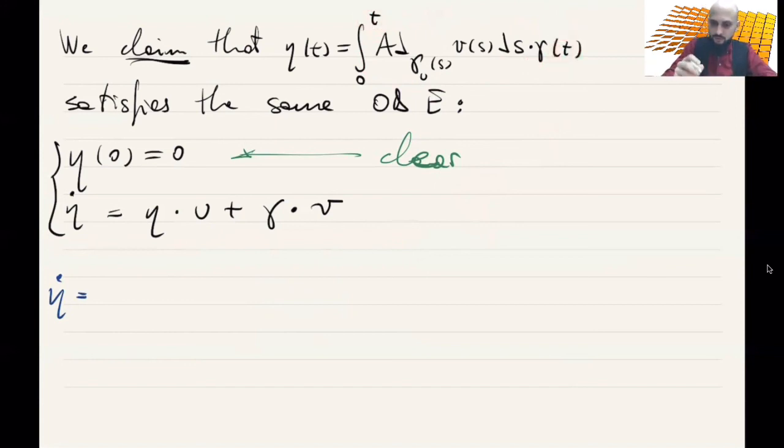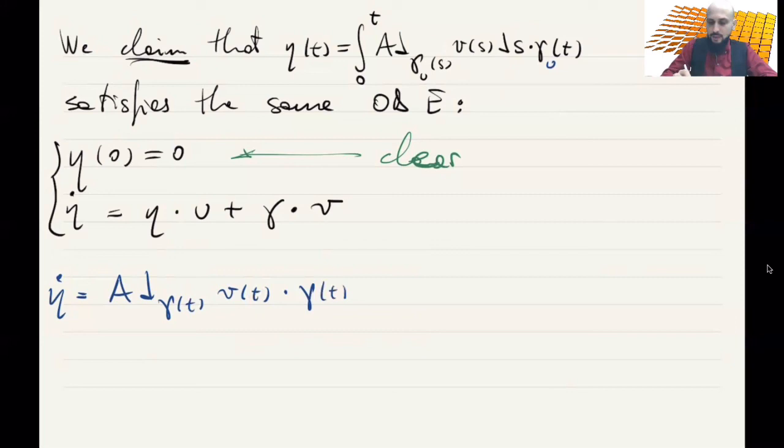Let's do one derivative at a time. The first time I take the derivative, the integral disappears, and I have the adjoint of gamma(s) v(s) times gamma. It should be gamma of u, but let me write gamma. Of course, this is not s anymore, it's t.